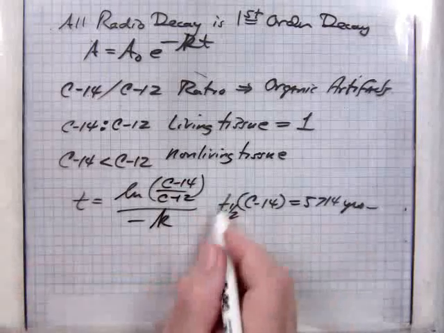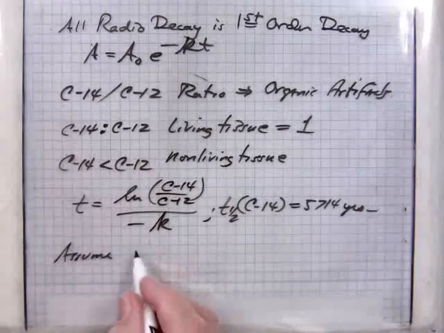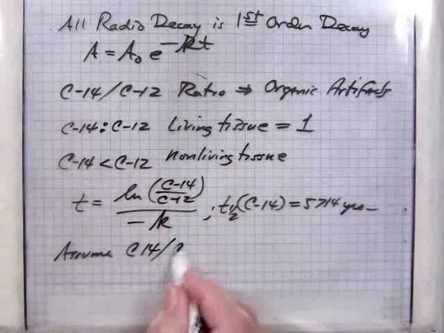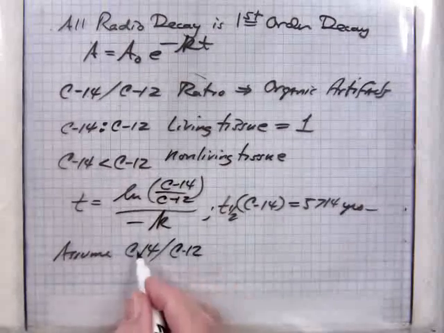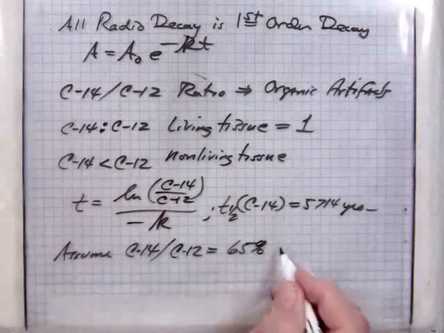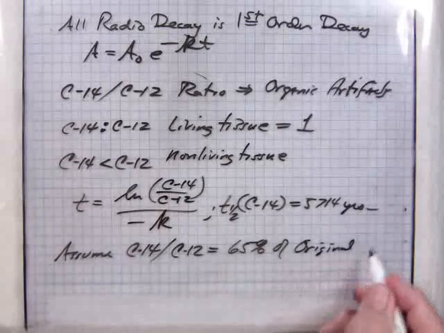So if you're given that, let's assume the carbon 14 to carbon 12 ratio is 65% of original amount.